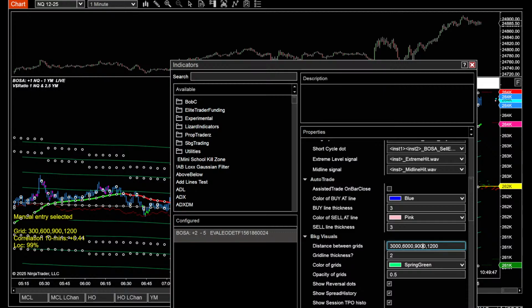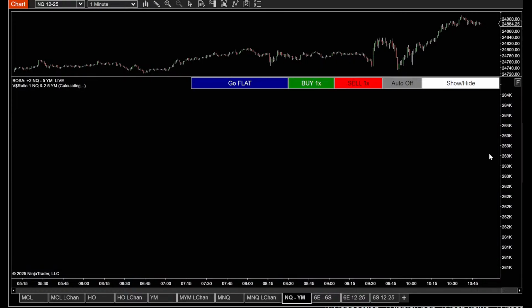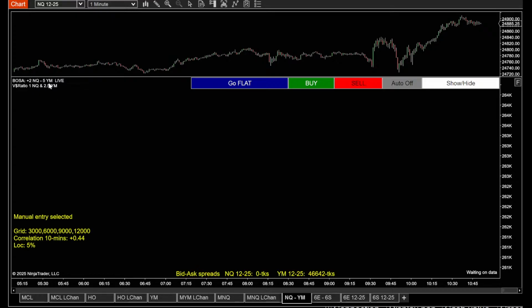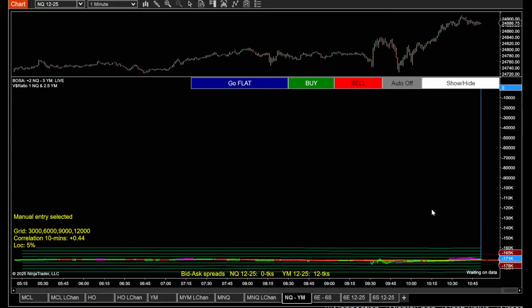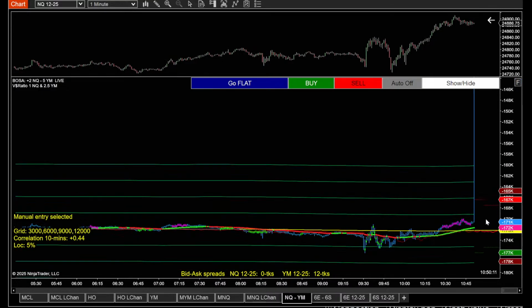I'm going to increase my lines here by quite a bit. So now if you were to trade this, you'd be in 7 contracts for every spread trade. So it's 2 NQs versus 5 YM. But how does it look on our spread chart here?